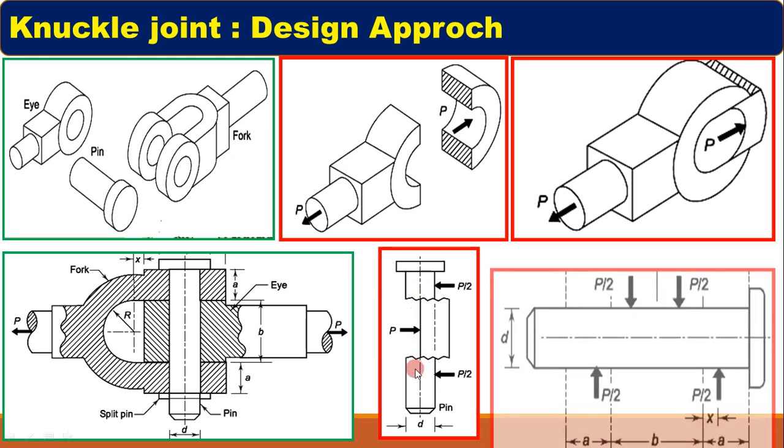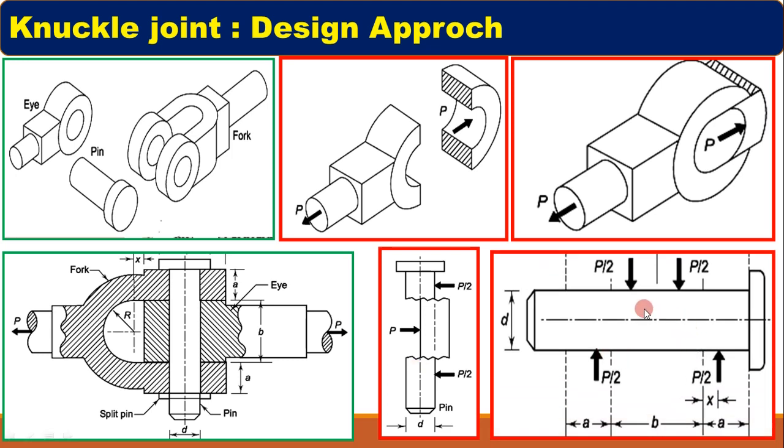The same pin may fail in a totally different mode because of the loading. So here I have shown two different modes of failure of the pin and two different modes of failure of the eye because of the different stresses. Similarly, we can also represent the different modes of failure of the fork.